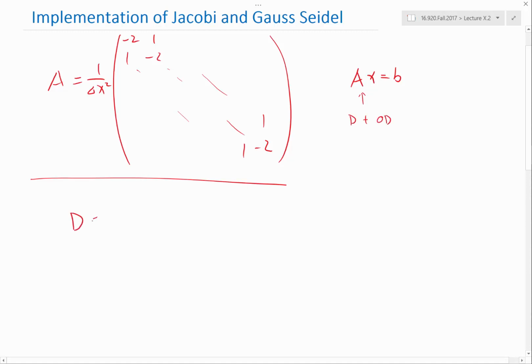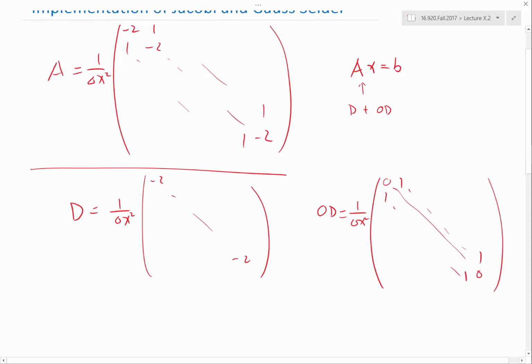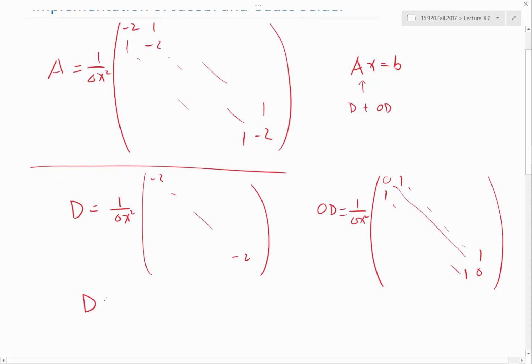My D is just going to be this times minus 2. My OD is just going to be this times 0 on the diagonal and 1s on the upper and lower diagonal. So let's apply Jacobi iteration.